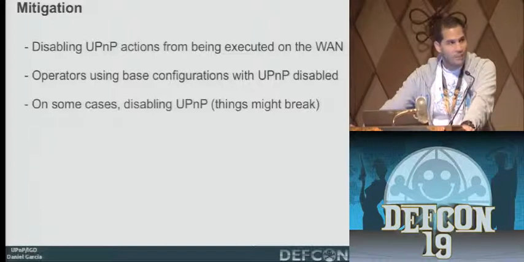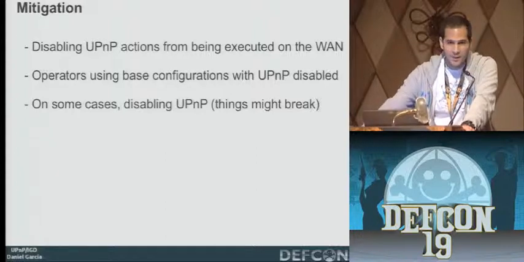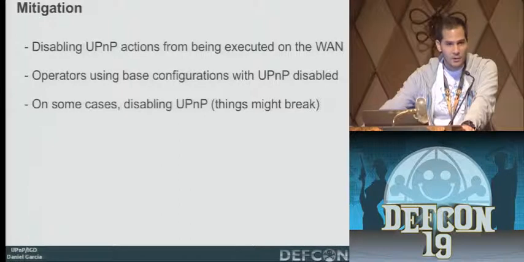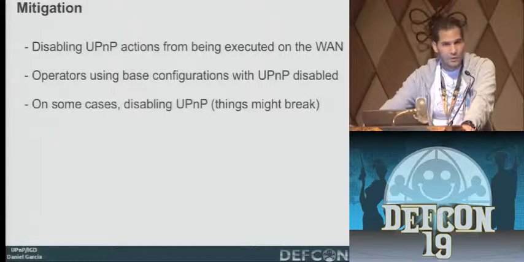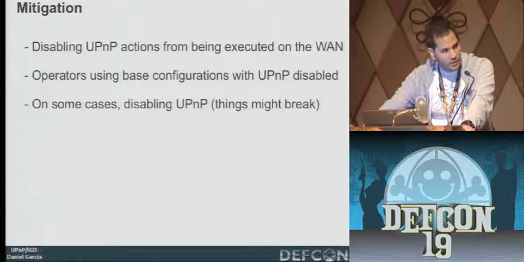I don't know if you guys have used UPnP that much, but I'm a gamer, and you can't play with PlayStation and Xbox without UPnP, unless you have some kind of DMZ or an external IP address pointing directly at your device. So mitigation is going to be a little difficult, but most people can just configure their devices so that they can block the request from the WAN.